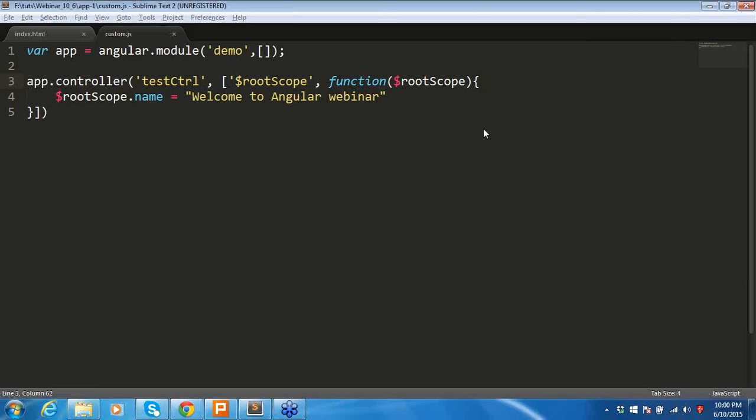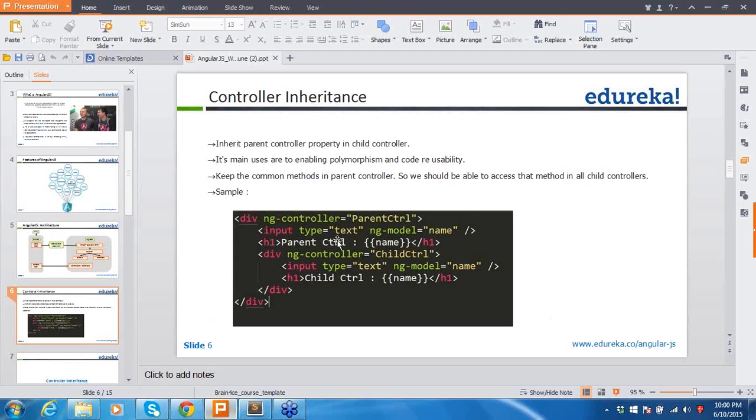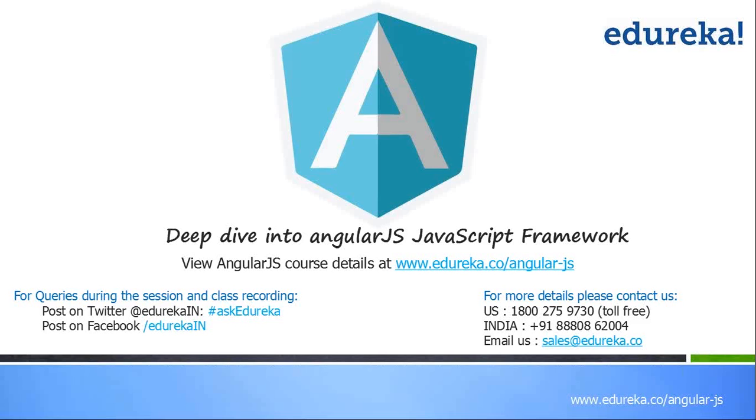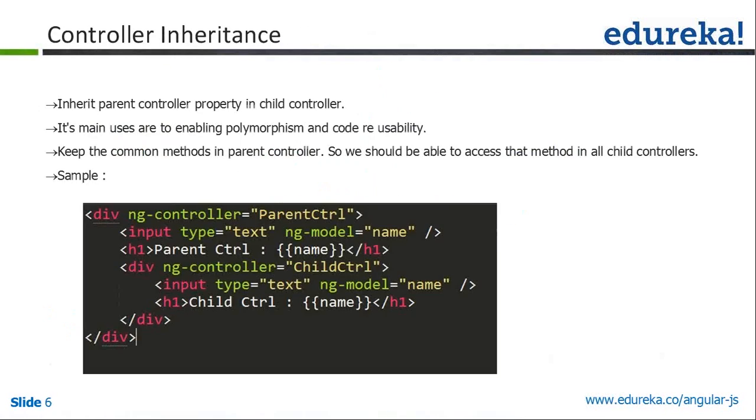Okay guys, let's go into the next module, that is controller inheritance. Okay, so controller inheritance. What does it mean by controller inheritance? It is just like our normal Java inheritance.